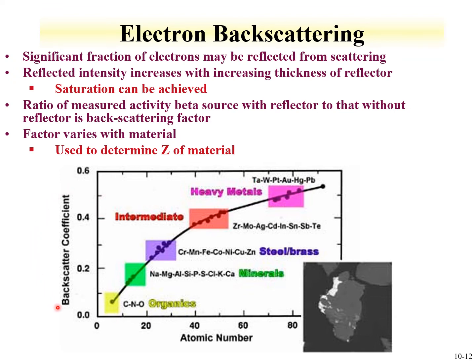So you can understand a backscatter factor. And the factor varies with material, and as one can imagine, the Z, the number of electrons in the material, is going to have an influence on the ability of something to scatter. So one can evaluate a backscatter coefficient and plot that against the atomic number, and we can see that lower Z material has a lower backscatter coefficient, higher Z material has a higher backscatter coefficient.